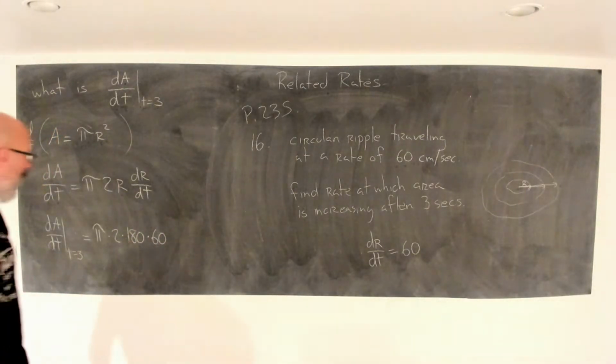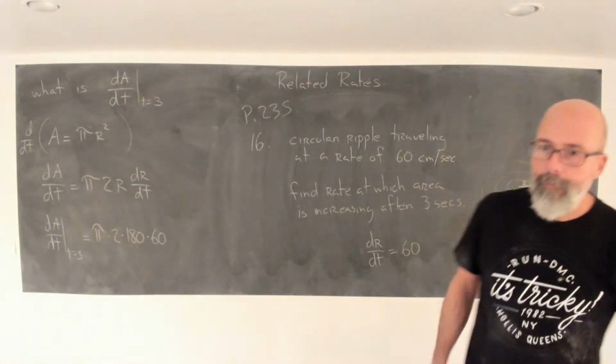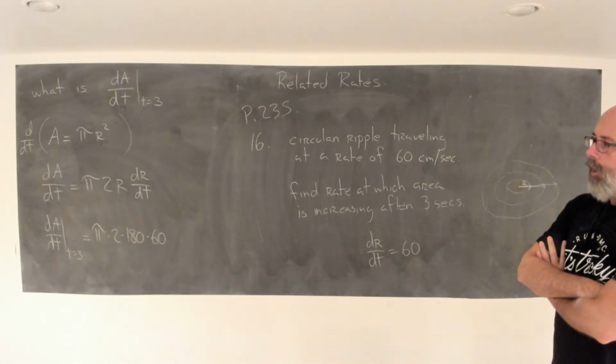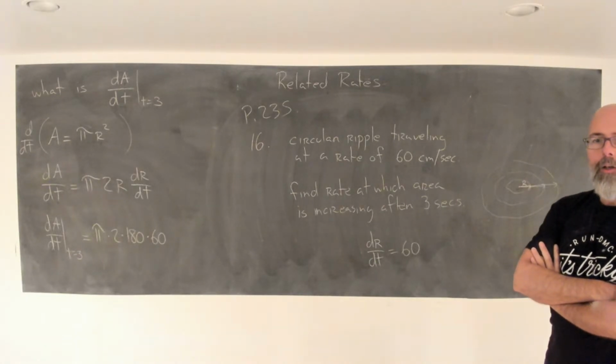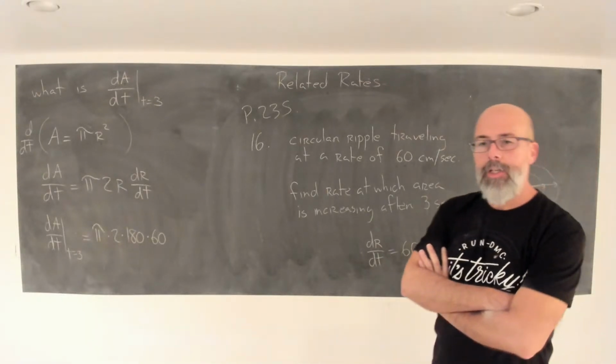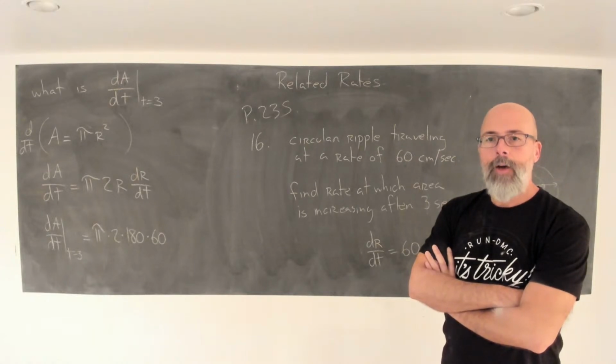This is the rate of change, whatever that is. That's the rate of change of the area after 3 seconds. How are we doing?